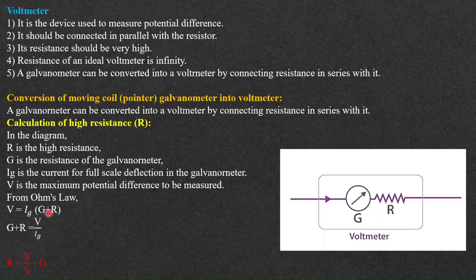We want to know what R is. So we keep G plus R here itself and shift Ig to the denominator. So G plus R equals V by Ig. That is what I have written.